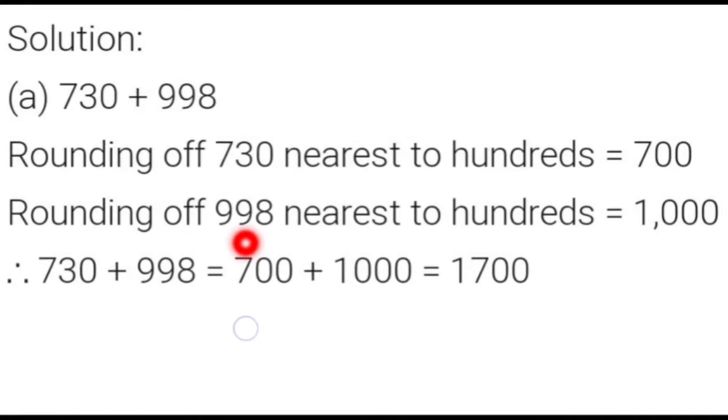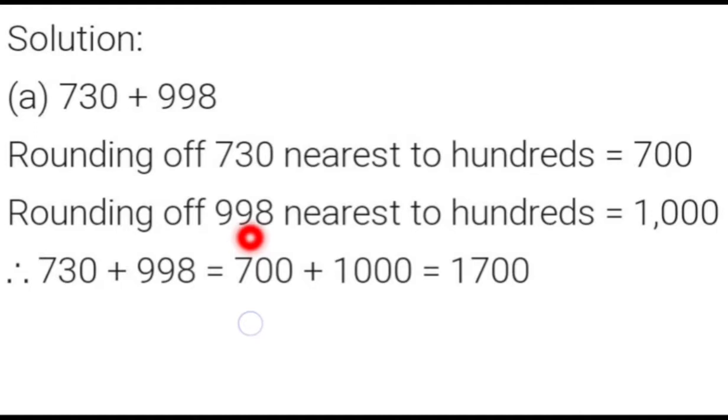In the similar manner, 998 lies between 900 and 1000. As we know, the middle limit actually ends on 940. If the number would have been less than 940, then we would have rounded it off to 900.